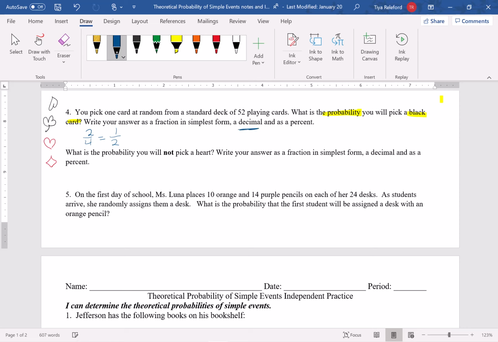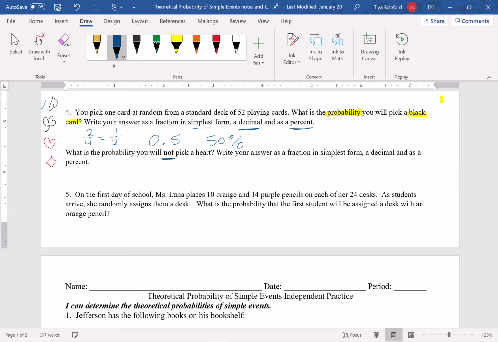Now it says fraction in simplest form, a decimal, and a percent. Now you're going to do the same thing, but not pick a heart. So looking at our choices, how many are not hearts?